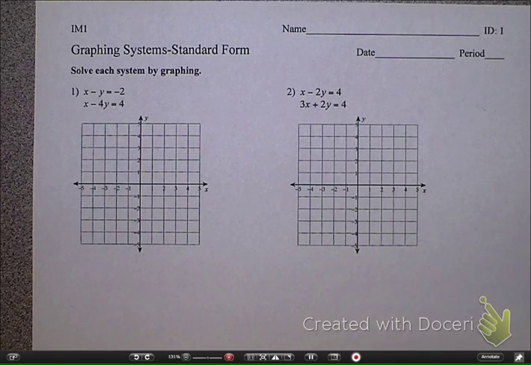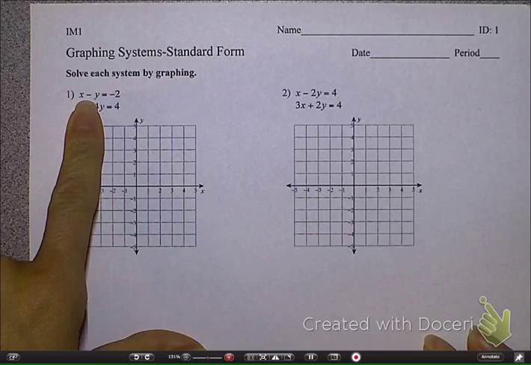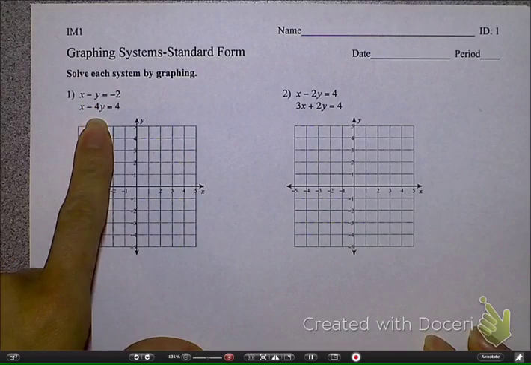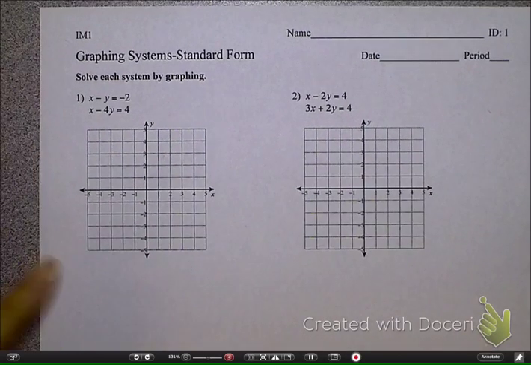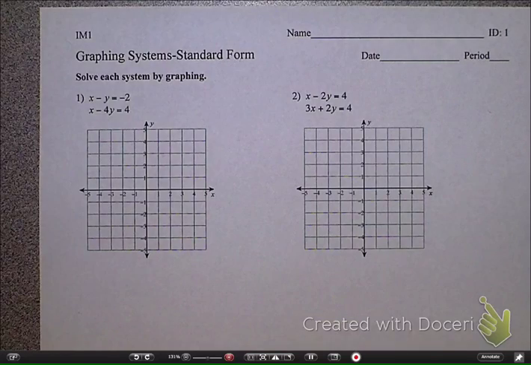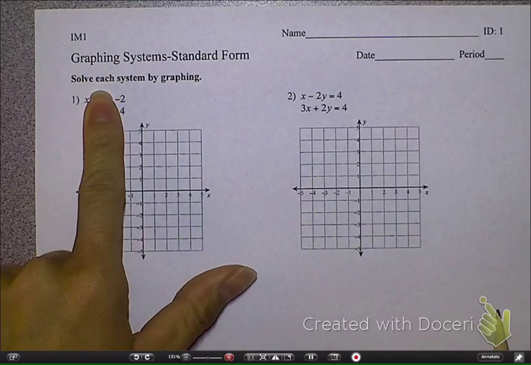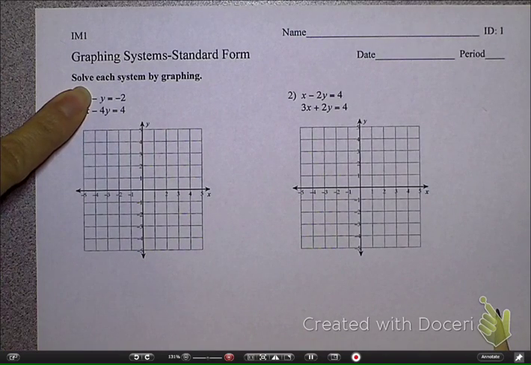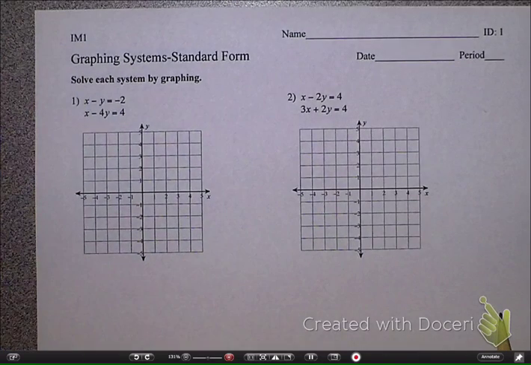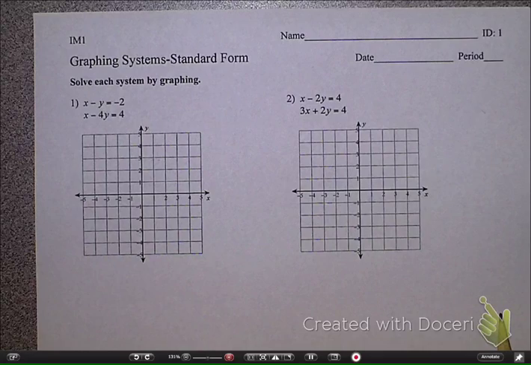If we look at this first one, it's not in slope-intercept form. Neither of these are. So if neither equation is in slope-intercept form, you're going to have to use a different method to graph. You can either graph from standard form using the cover-up and solve method, where we cover up each variable to find the x and y intercepts and then put those two intercepts on the graph.